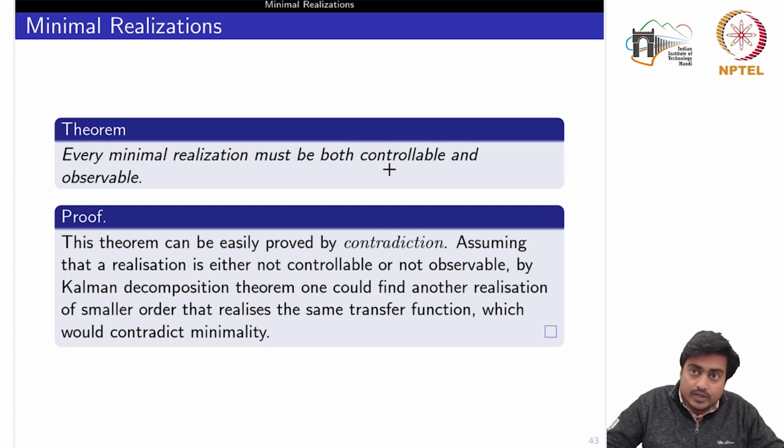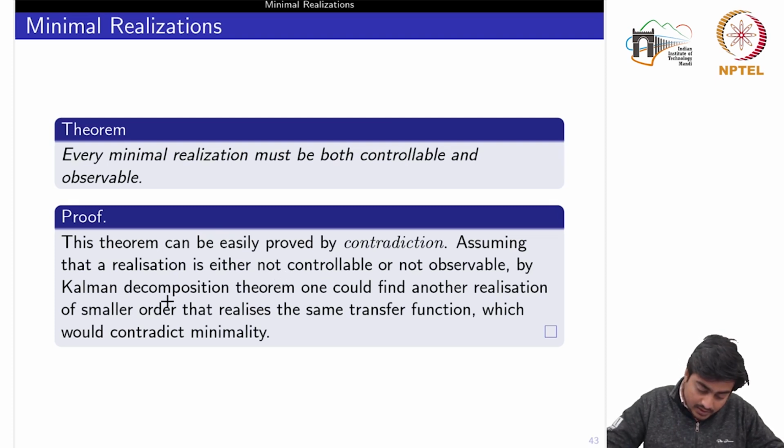We can see the proof of this theorem by contradiction. So suppose that a realization is either not controllable or not observable. Okay, so we had seen that by the Kalman decomposition theorem we can extract only the controllable part and the observable part, and we know at the same time that this extraction would lead to a dimension of the state vector which would be lesser than the original state equation.